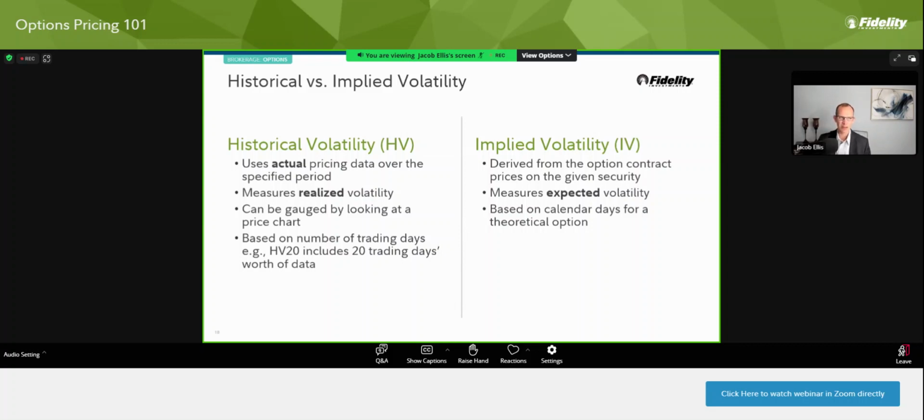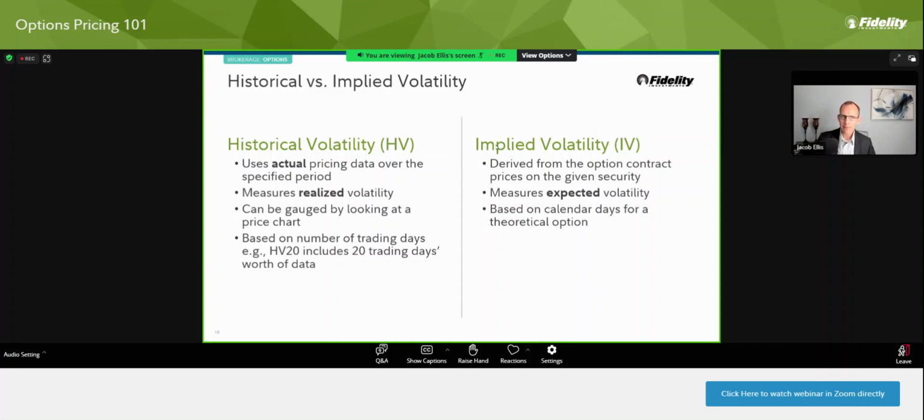You do that by taking a look at the standard deviation, if you remember your statistics classes. You measure that over some period of time, and that will include a certain number of, crucial fact, trading days. So an HV of 20, a historical volatility of 20, looks back over the last 20 trading days, or approximately 4 weeks, or you might call that 1 month.